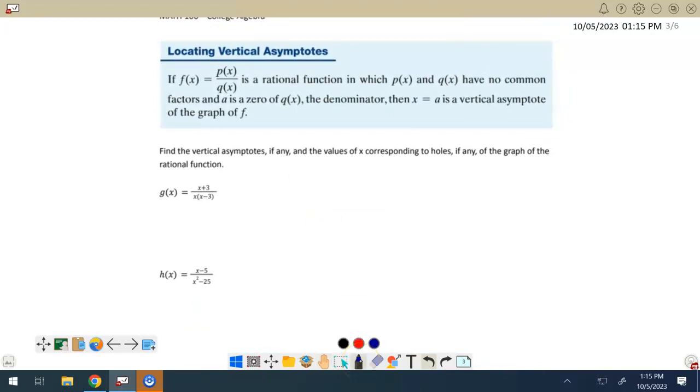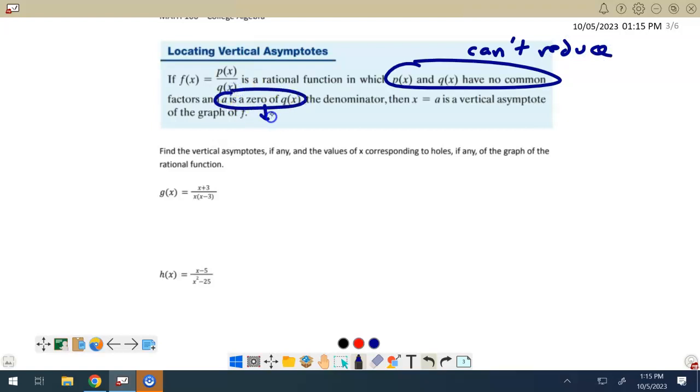If f of x is equal to p of x over q of x, a rational function in which p of x and q of x have no common factors, what this means is that you can't reduce. So if you've already reduced that fraction and it can't be reduced any further, and a is a 0 of q of x, this means that a makes you divide by 0.